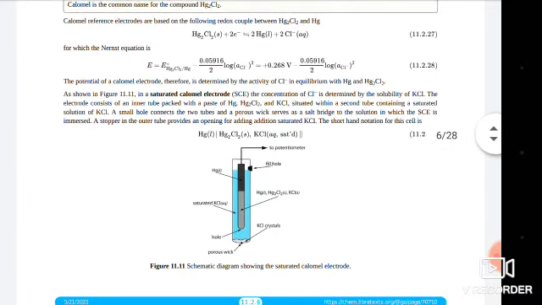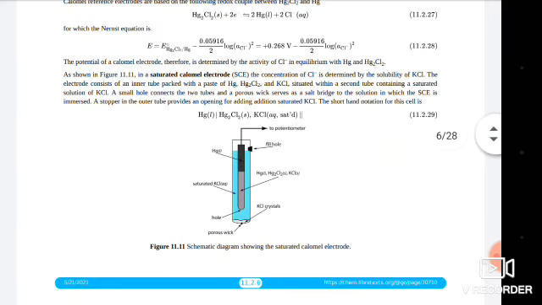In the saturated calomel electrode, the concentration of Cl minus is determined by the solubility of KCl. The electrode consists of an inner tube packed with a paste of Hg, Hg2Cl2, and KCl, situated within a second tube containing a saturated solution of KCl. A small hole connects the two tubes, and a porous wick serves as a salt bridge to the solution in which the SCE is immersed.